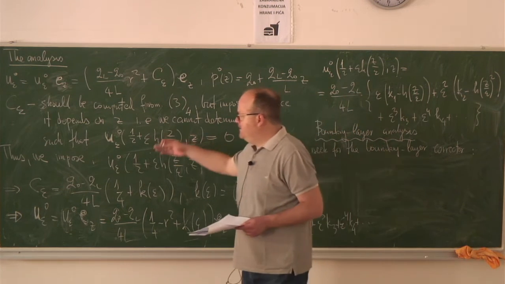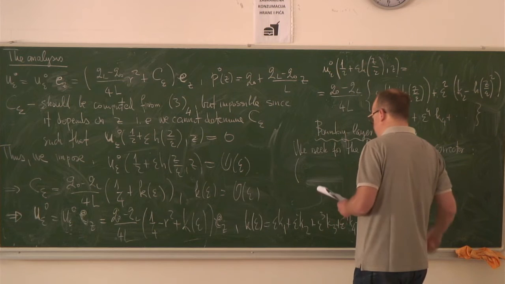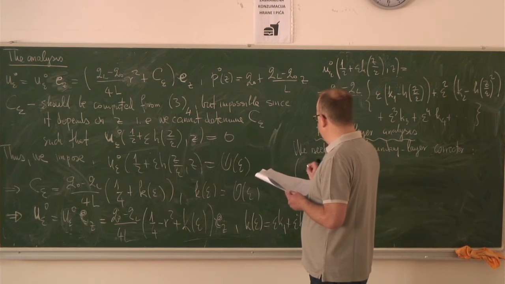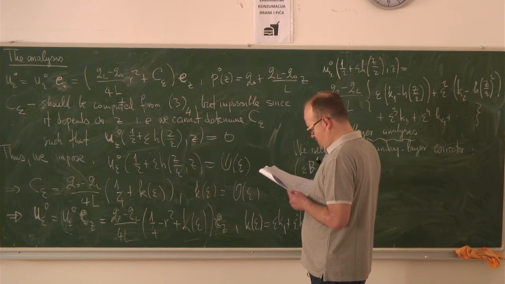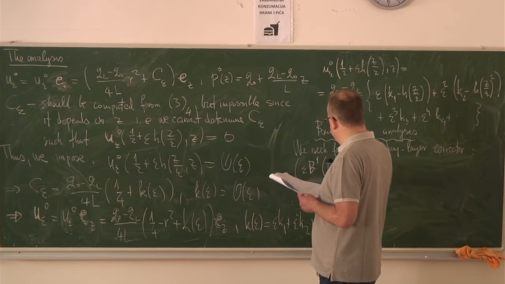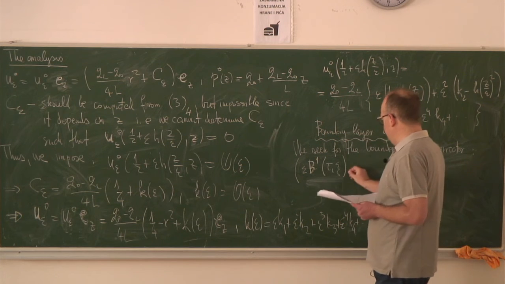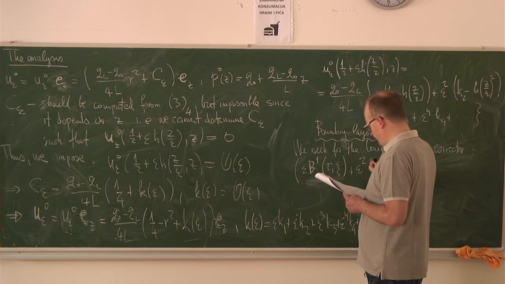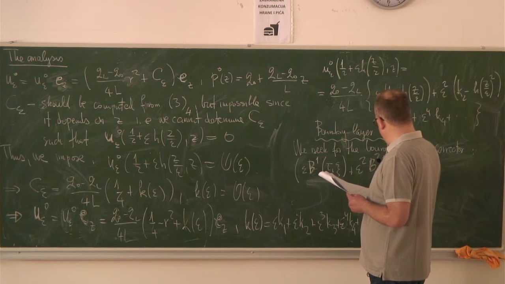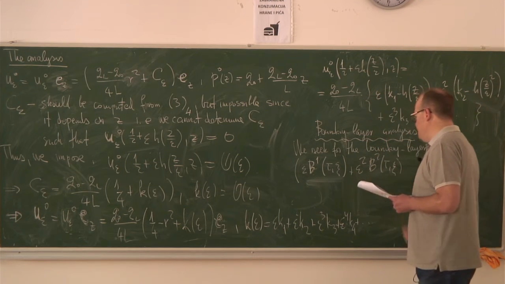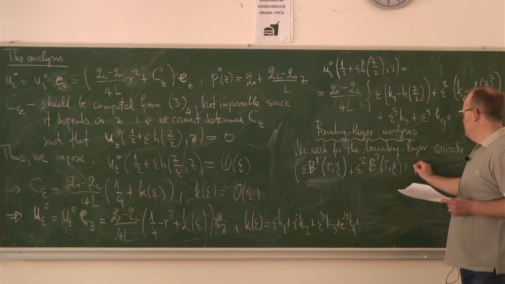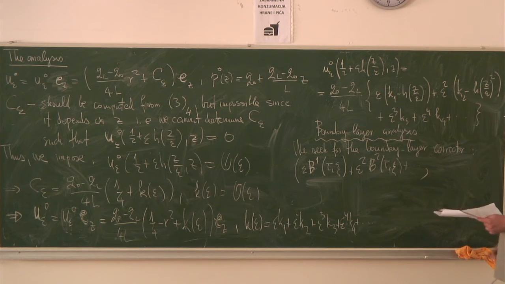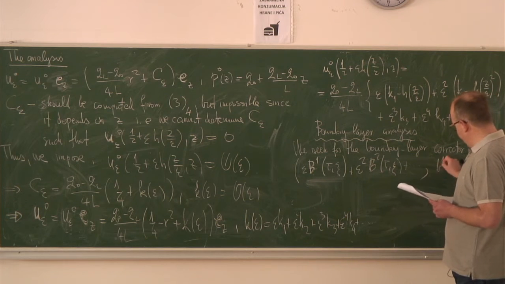So our velocity is corrected by the boundary layer correctors, which for the velocity is this one. It depends on the fast variables. So this is for the velocity, and we also write here for the pressure.